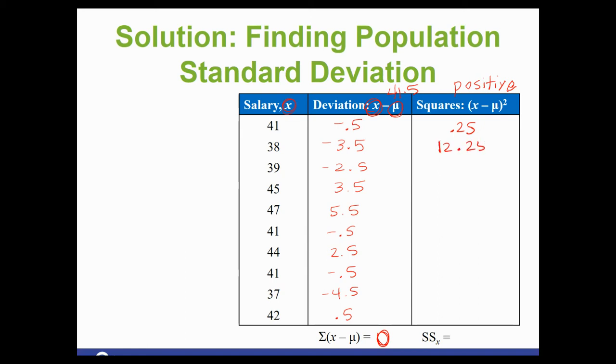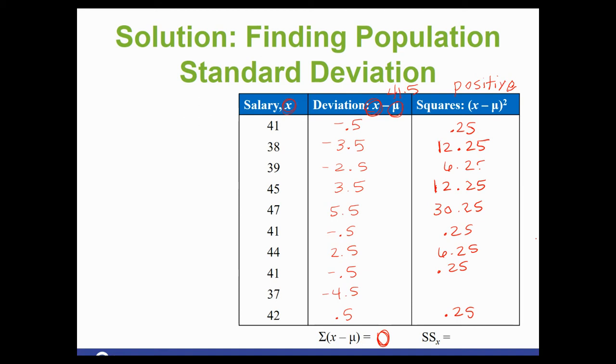12.25. And it's nice if you look ahead and you see any repeats in your column. Whether they were positive or negative, they should come out with the same answer here. So filling in some repeats. So 2.5 squared is 6.25. 5.5 squared is 30.25.